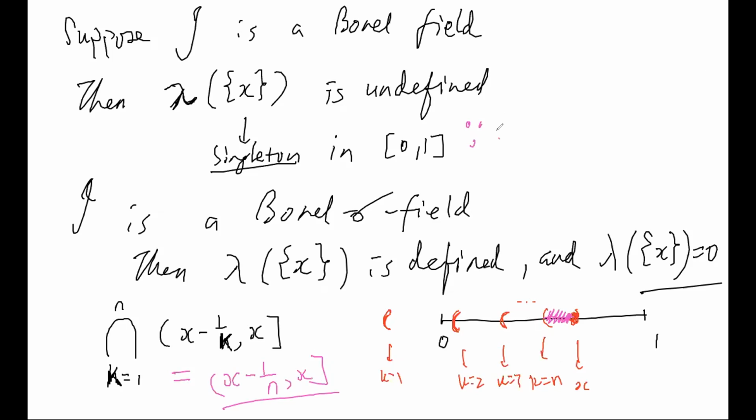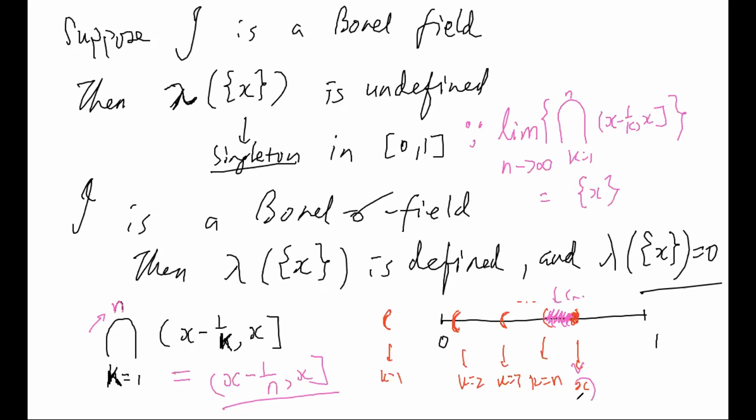Therefore, your limit as n tends to infinity, when you take the intersection, is equal to the singleton. Because as you keep pushing the interval to be smaller and smaller, eventually it will just hit your value x here.